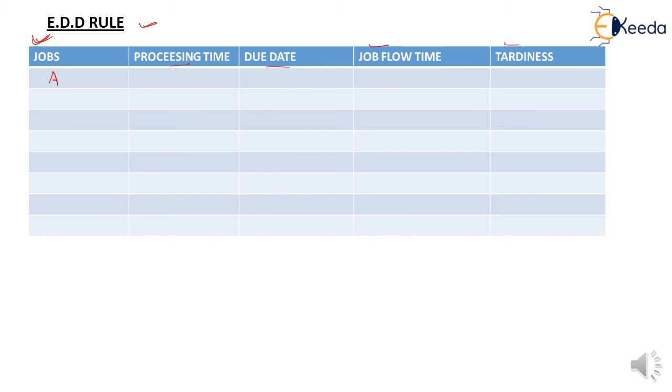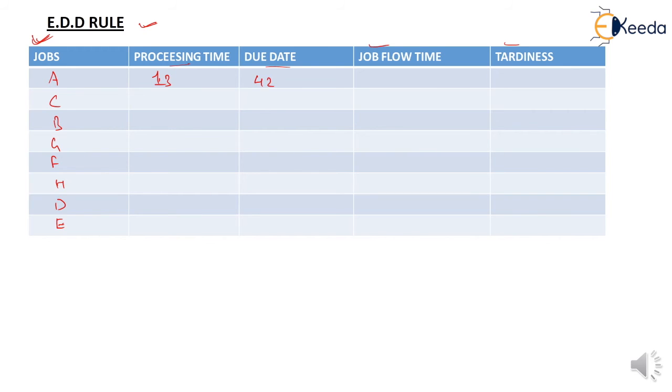Clear to all? So job A is first, C is second, B is third, G is fourth, F fifth, H sixth, D seventh and E is last. Okay students, the processing time and due date corresponding to A is 13 and 42.